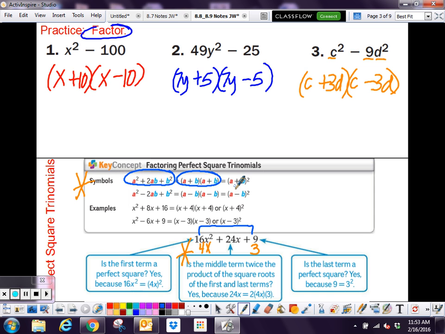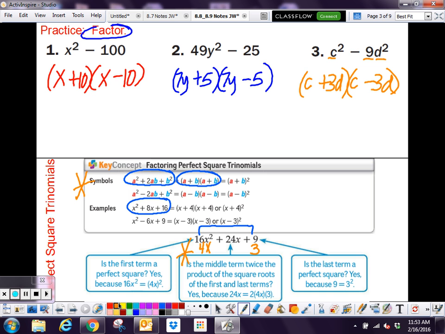So if you look at this example down here, x squared plus 8x plus 16, I notice x squared is a perfect square, 16 is a perfect square. If I multiply the square roots of both of those and double it, I get 8x. So I get x plus 4 times x plus 4. Again, if you do not understand this right now, please do not waste too much time trying to understand it. Just work these the way you know to work them.